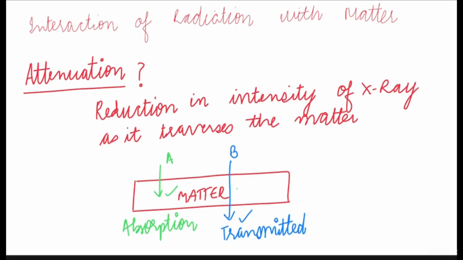Very important is the scattered: it is diverted with or without energy loss. So the third very important is scattered. Absorption, transmitted and scattered.